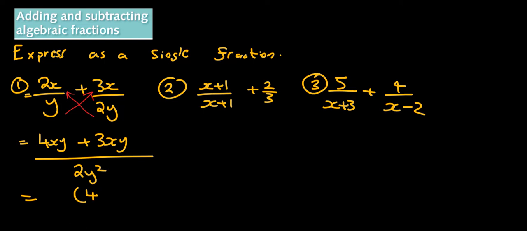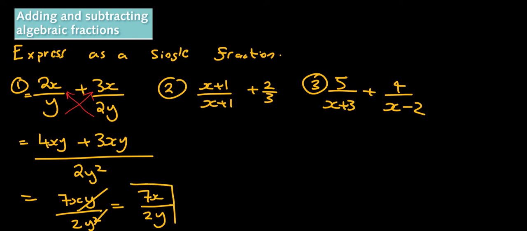We can add them actually to give 7xy all over 2y squared. We can cancel the y's, that goes. So the final answer is 7x over 2y. And I would leave it in fractional form.